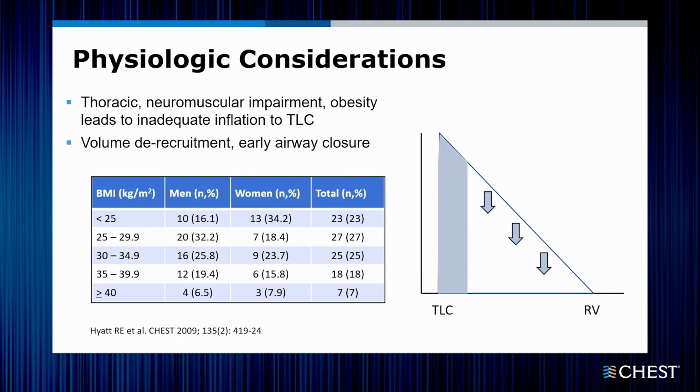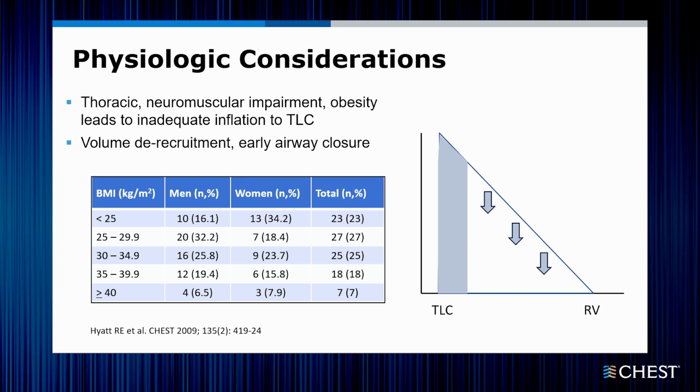Well, Bob Hyatt, when he described this entity initially, was really the first to postulate the underlying physiologic mechanisms that may be driving it. And he suggested that perhaps there is something preventing patients from inflating all the way to TLC, either due to a thoracic or neuromuscular impairment, or maybe it's the body habitus of obesity that leads to a reduced lung volume at peak inspiration, or it has something to do with volume derecruitment or early airway closure, leading to a symmetric reduction in flows in FVC and FEV1 over time.